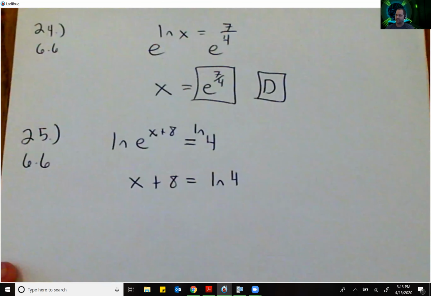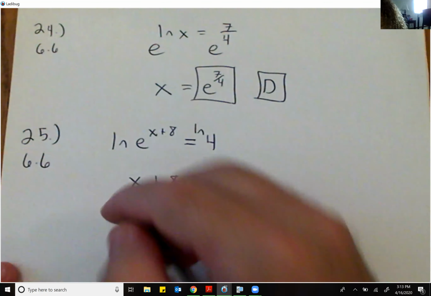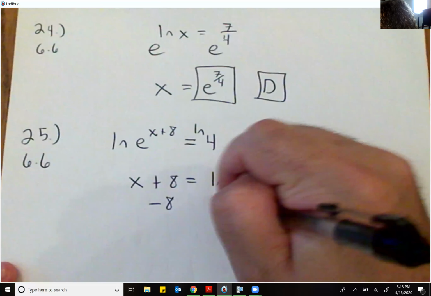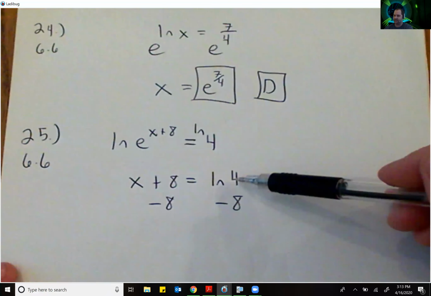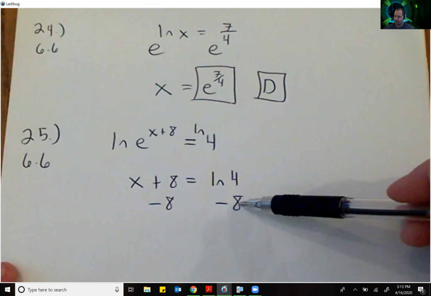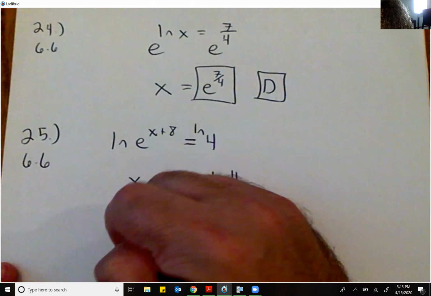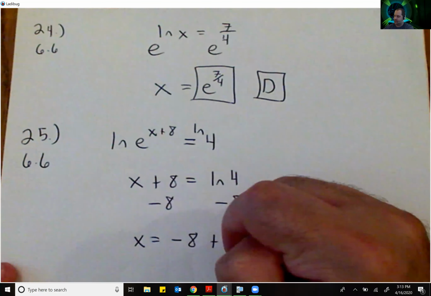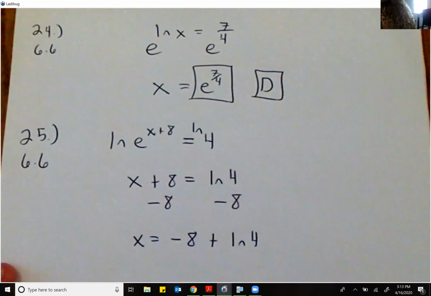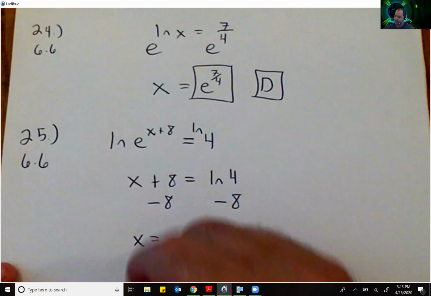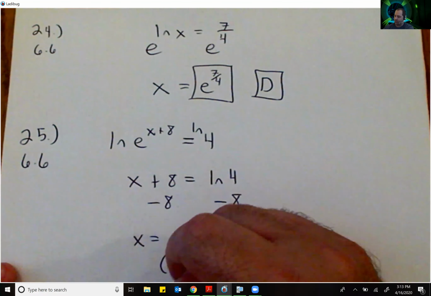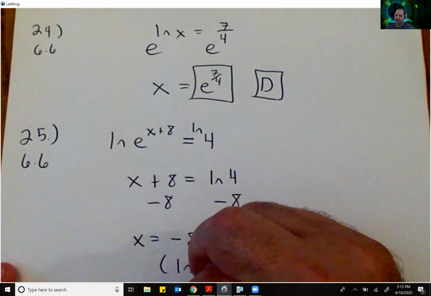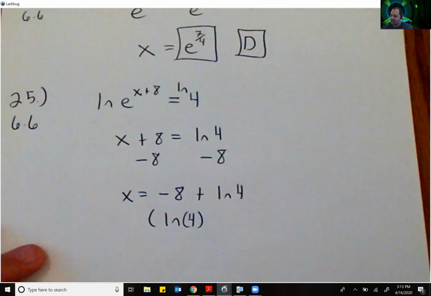Now, how do I get the x by itself? Subtract 8. Do not take 4 minus 8. That is incorrect. So what we have is negative 8 plus ln of 4. Or another way that you can write this would be ln of 4, and technically this should be in parentheses, minus 8.